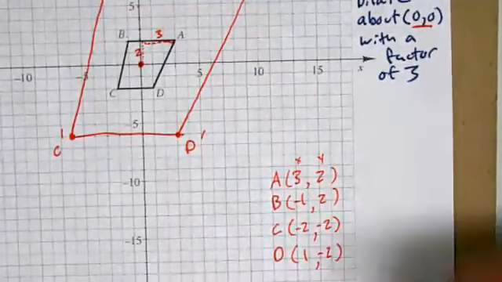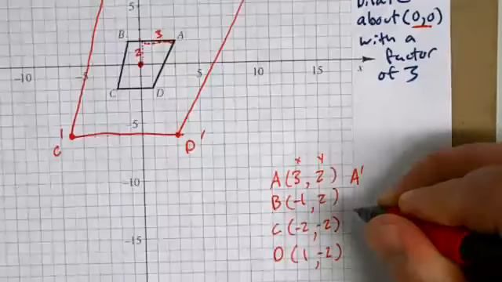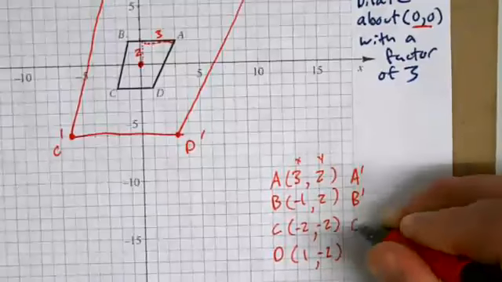And once you've got that done, could you right next to those write me coordinates for A prime, B prime, C prime, and D prime?